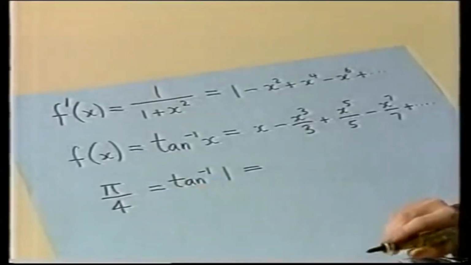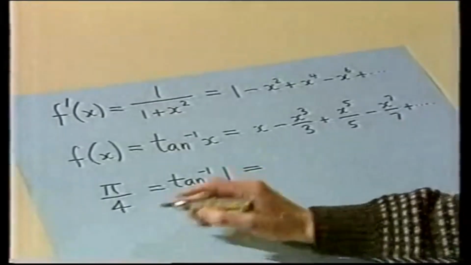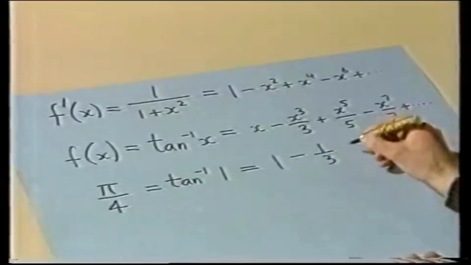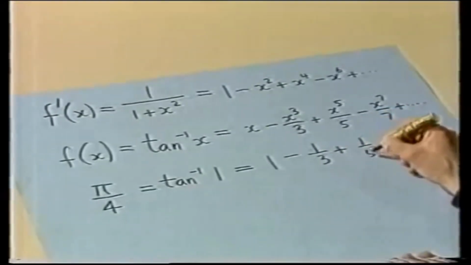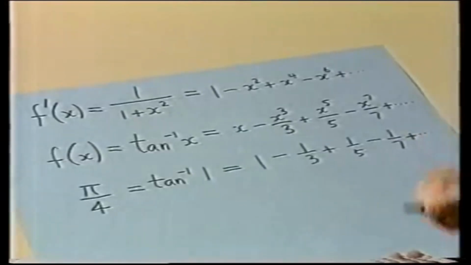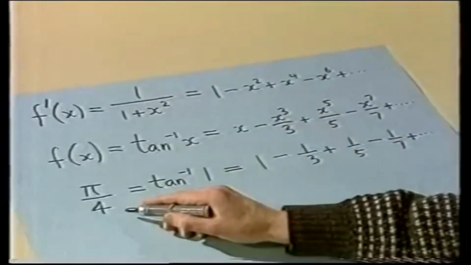So can we substitute x equals 1 into this formula to get pi by 4 equals 1 minus 1 over 3 plus 1 over 5 minus 1 over 7, and so on? Certainly this series is convergent by the alternating series test, but is its sum equal to pi by 4?